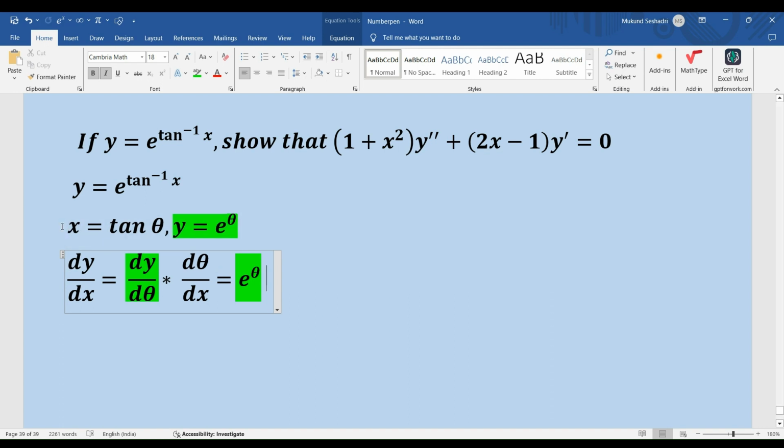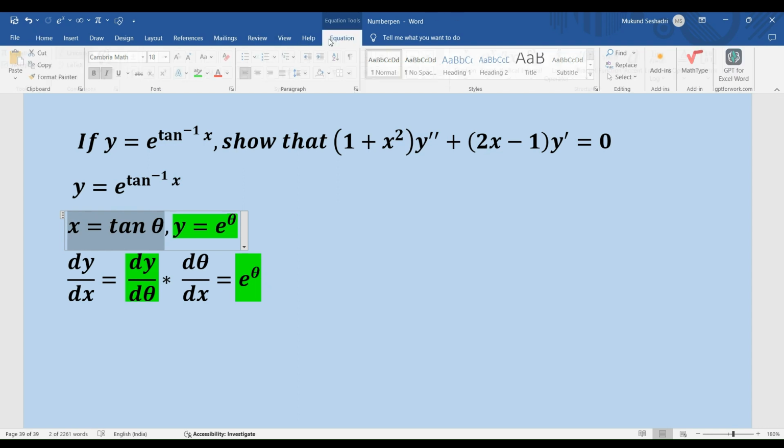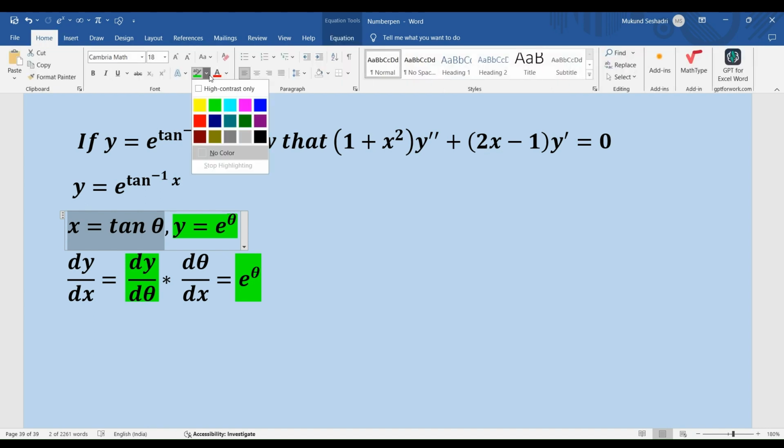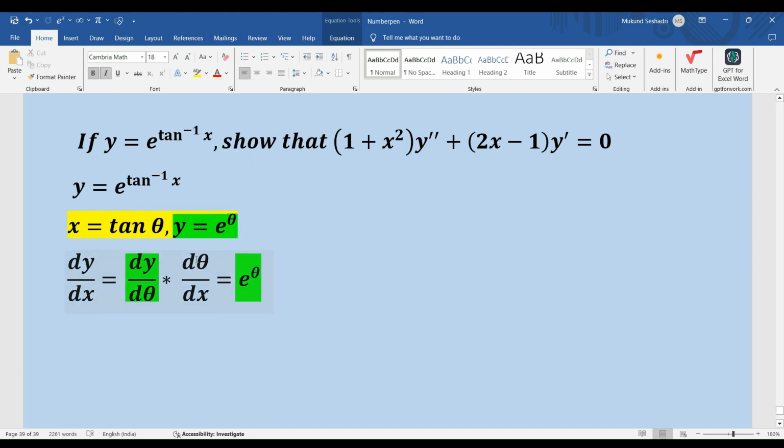And then my x equals tan theta means, let me call it d by dx of x equals 1. And on the RHS, I will have secant square theta into d theta by dx, right?